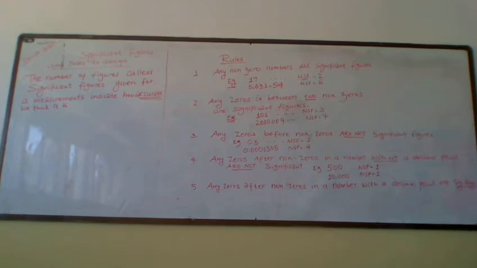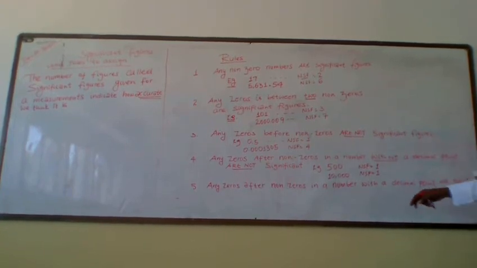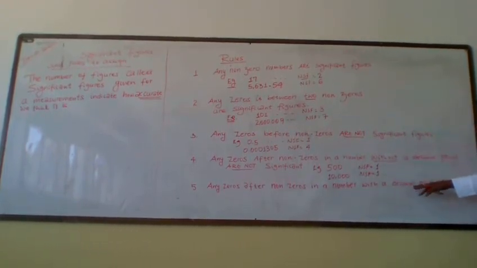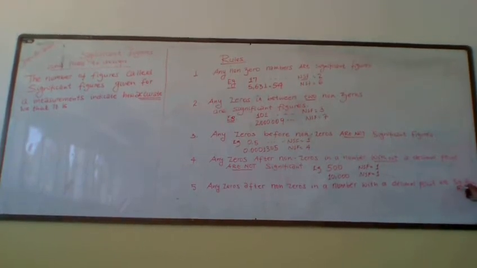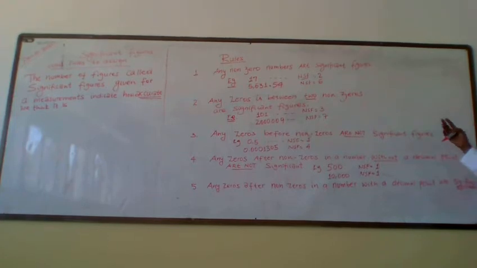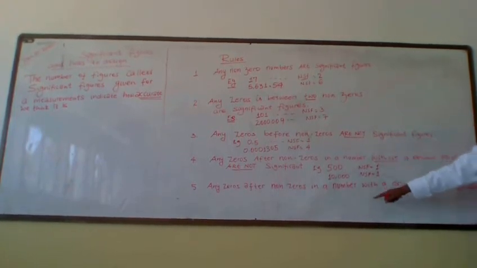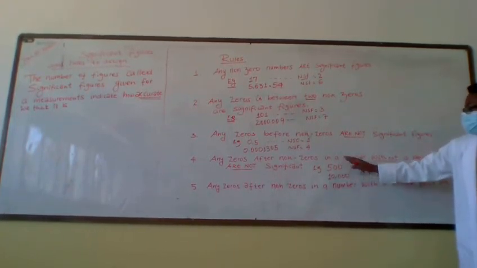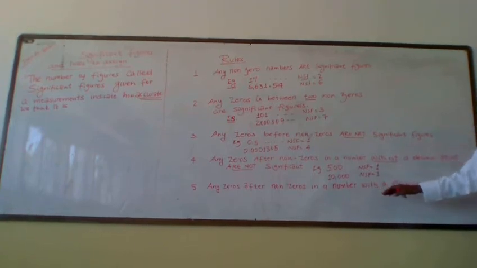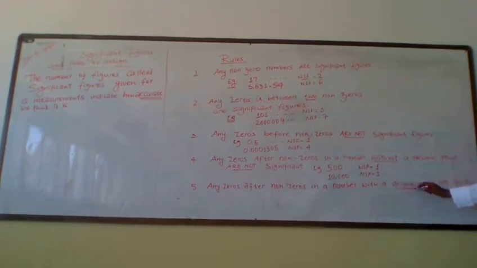So let's go back to the last rule, which says any zero after non-zero in any number with a decimal point are significant figures. So in this case, the difference between rule number 4 and number 5 is the number with a decimal point and a number without a decimal point.